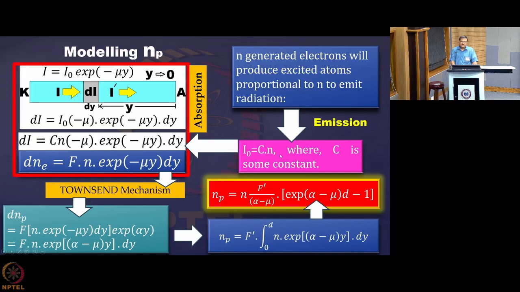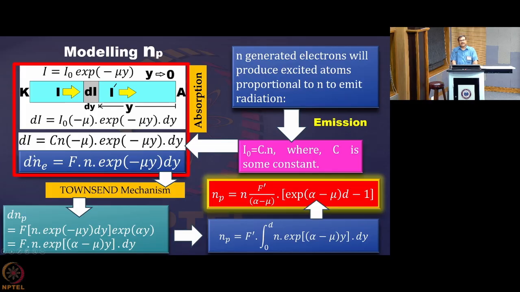So I0 is equal to C into N. So dI is equal to I0, which we have replaced with Cn, then minus mu, then exponential minus mu y and dy.